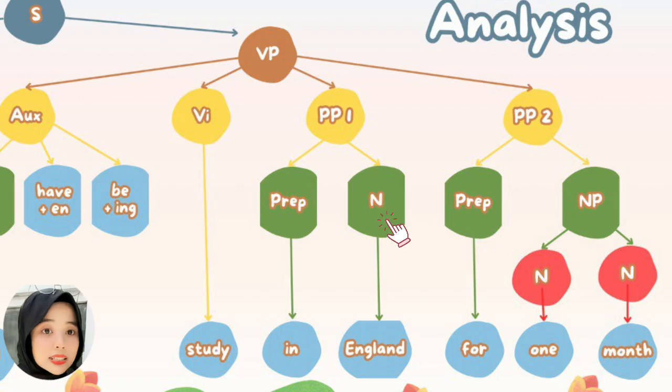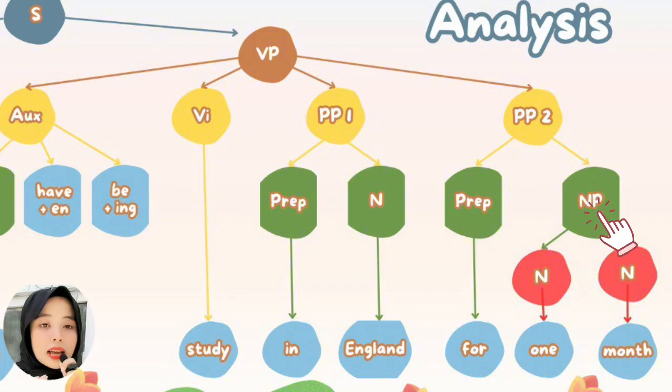So the last branch of VP is PP2 or second prepositional phrase. There are two branches too. The first is for, which consists of prep or preposition, and then 1 is a noun, which consists of N, and month, same with 1, is a noun, which consists of N. So 1 and month is a noun phrase.